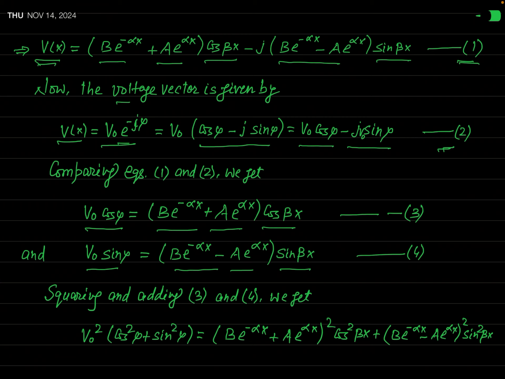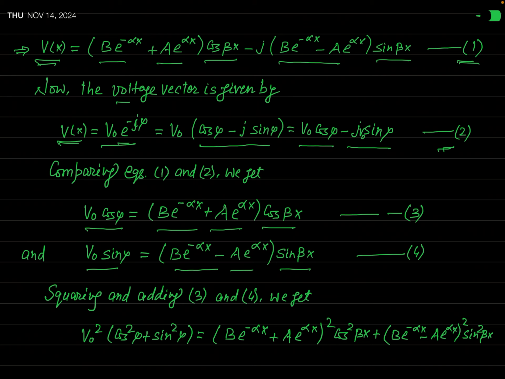Now when you define this V of x in this manner, that is V naught times e to the power minus j phi, you do not know the values of V naught and phi. So our aim now is to find the values of V naught and phi in terms of the known quantities.